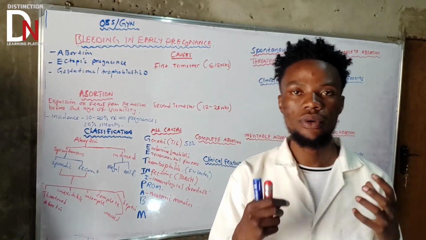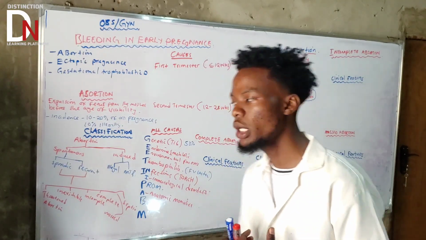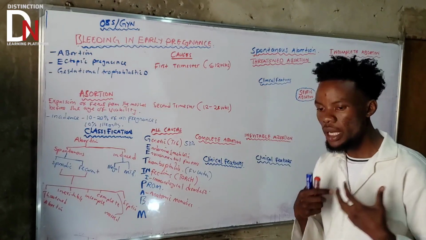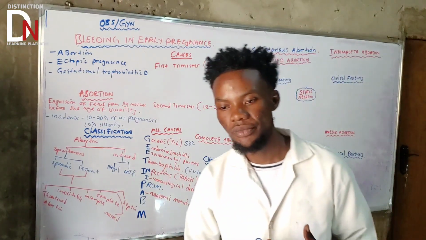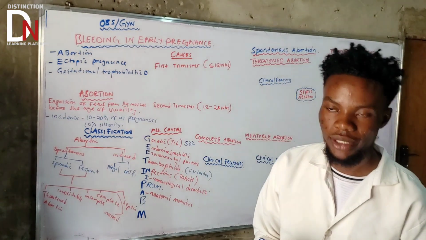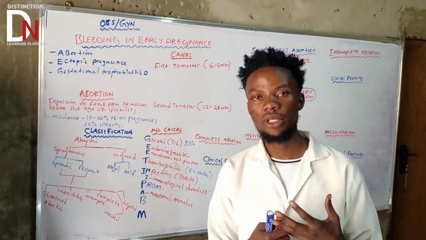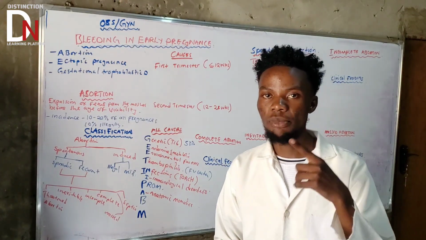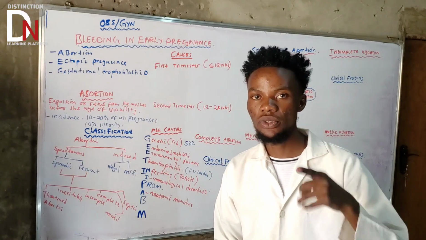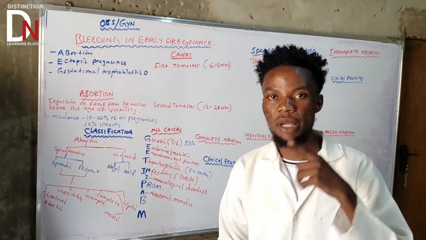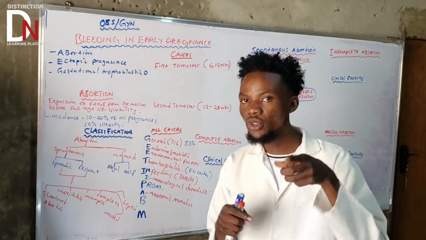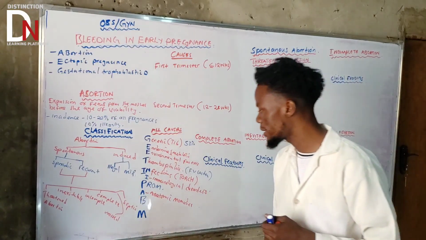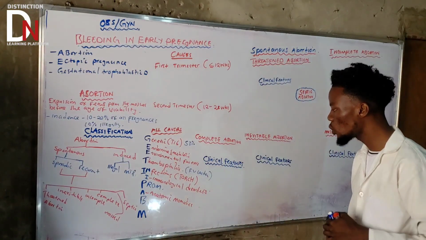Uterine fibroids are also an important cause of abortion. There are subcategories of fibroid, and the most important one is the submucosal fibroid. If you remember from abnormal uterine bleeding, it was one of the causes of heavy menstrual bleeding. You need to take note of that. You should be connected. Okay, that's under anatomic anomalies.